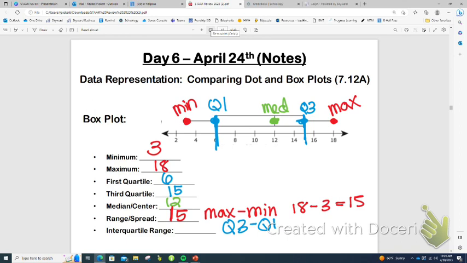Well, the third quartile was 15, and the first quartile was 6. So to find the interquartile range, we need to do 15 minus 6, which equals 9. So that's how we can find our values on a box plot, and these are the vocabulary words that you need to know what they mean.